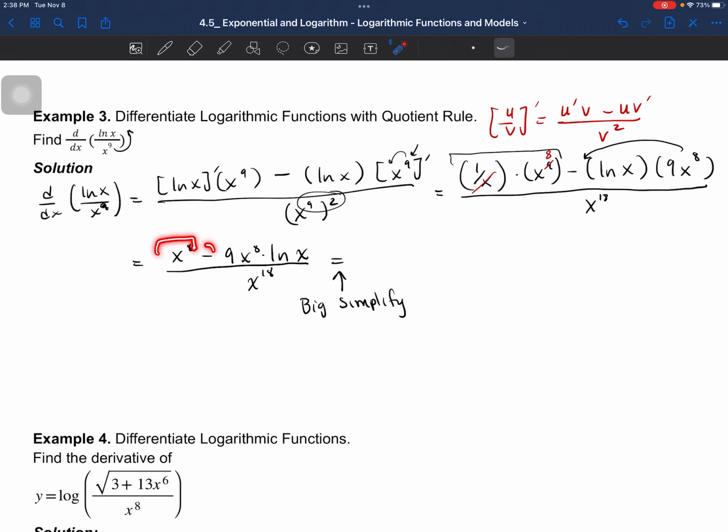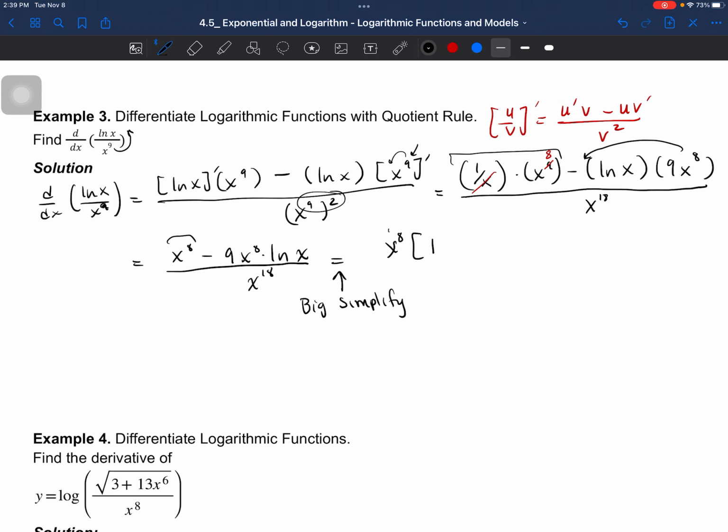Now what we see here is we can simplify further, and we should simplify. So big simplify here. This is important. You must simplify, and it's not so bad because if you think about it, there's x to the 8 here. There's one term here minus, and then there is the second term here, right? So there's two terms here, and if you notice, both terms have a common factor of x to the 8.